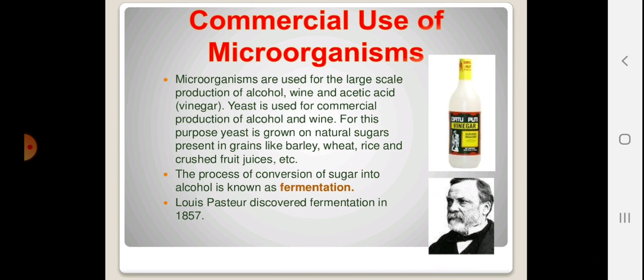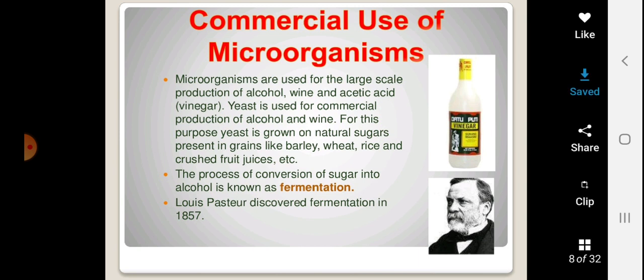For this purpose, yeast is grown on the natural sugars present in grains like barley, wheat, rice and crushed fruit juice. The process of conversion of sugar into alcohol is known as fermentation. This is a very important topic. The teacher may ask you what fermentation is, how it happens, and what the commercial uses of microorganisms are.